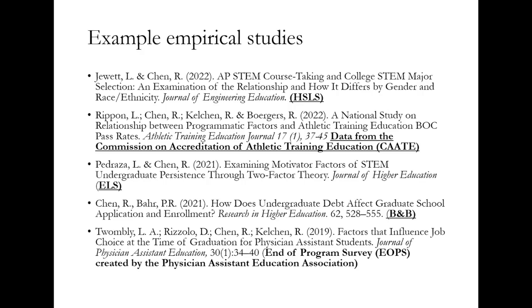The topics cover a wide range, including STEM major choice and how AP courses are related to that, and a national study on the relationship between programmatic factors and athletic training education BOC pass rates, STEM students' persistence, undergraduate debt, and graduate school application and enrollment.